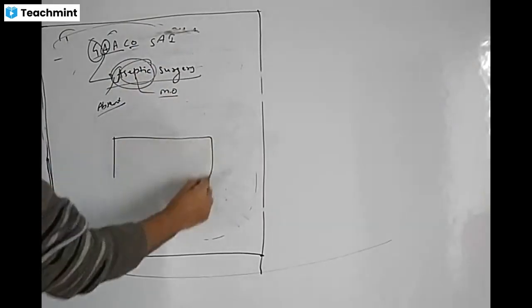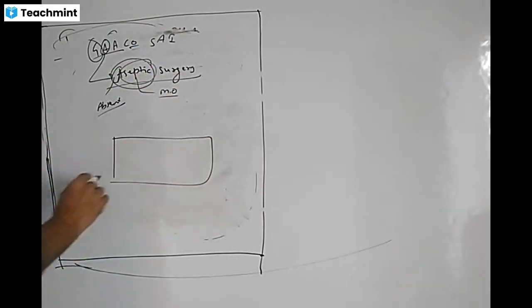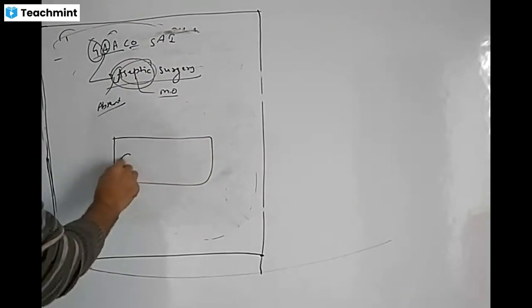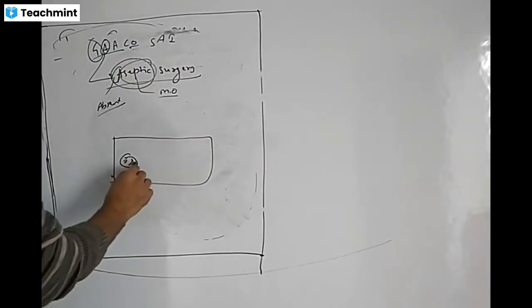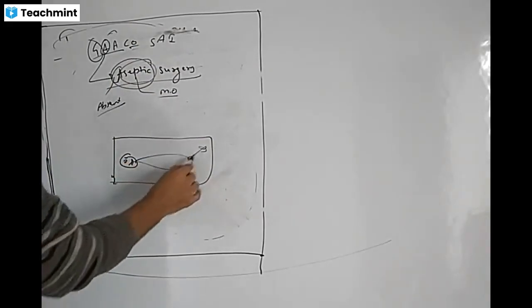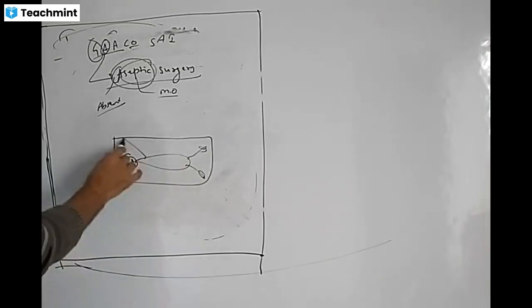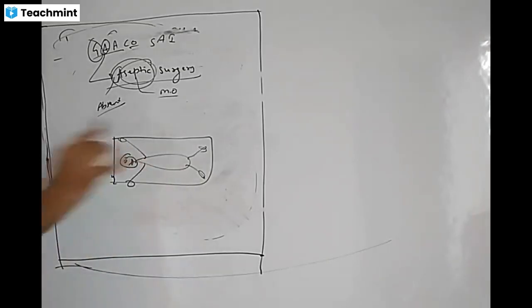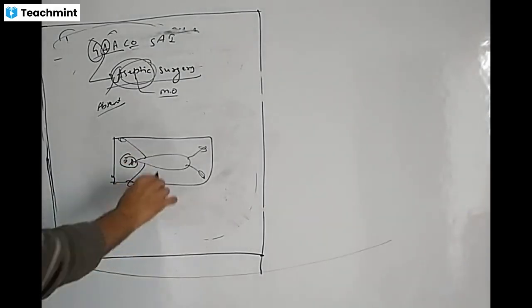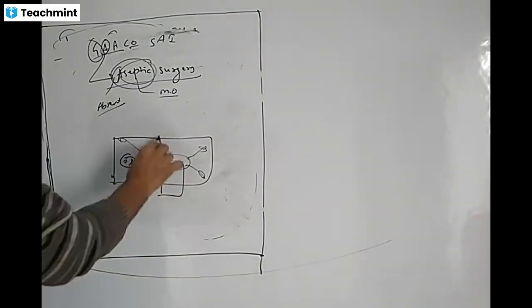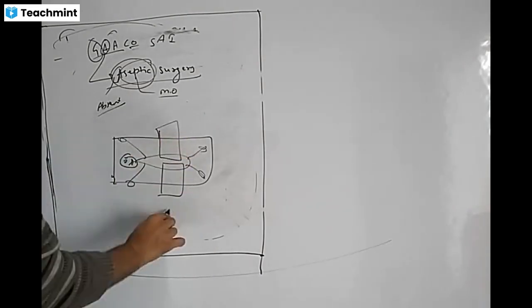Aseptic means, this is the table where this is your animal. You have tied the animal like this. Suppose you are doing any OHE operation. Then first, with the animal, you will apply drapes.